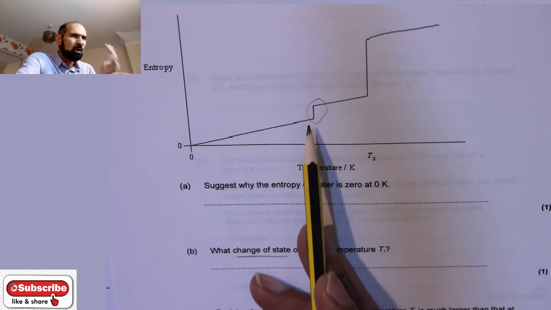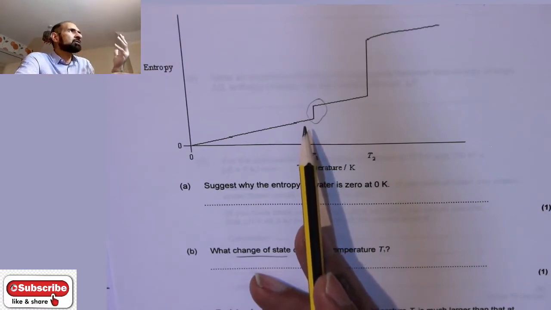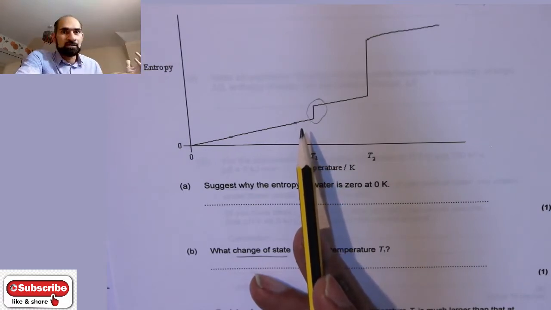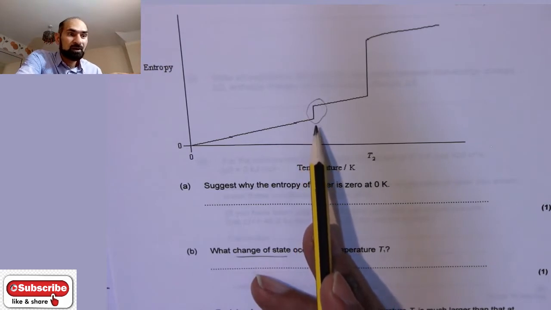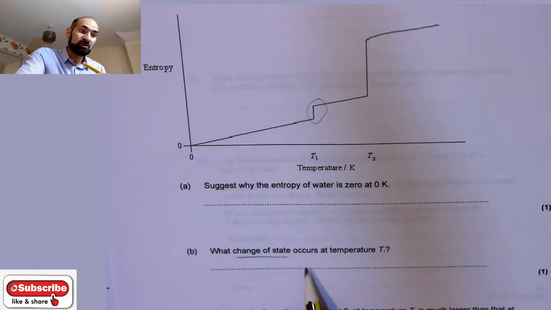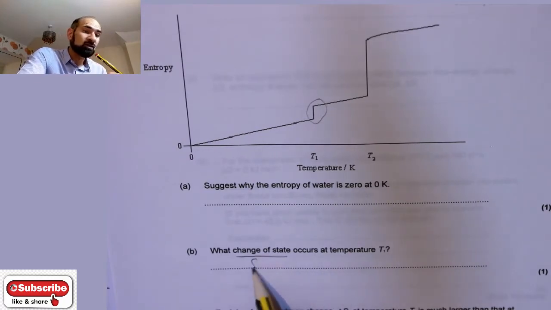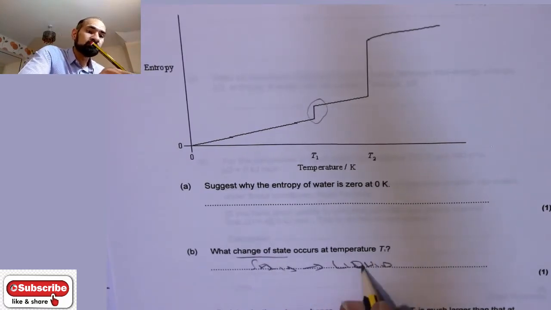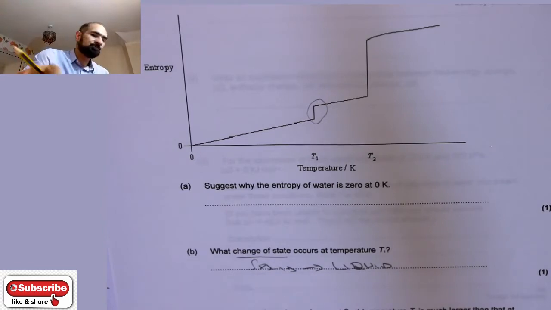So what could have happened to that frozen block of ice? It could have melted. So what change of state occurs? Well, it goes from a solid to a liquid. Okay, next question.